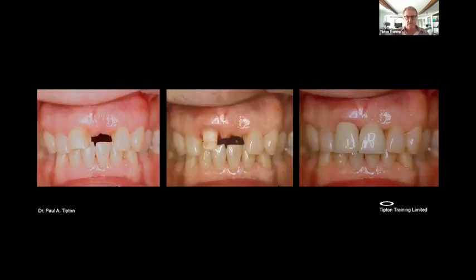Another example: a central incisor being replaced by prepping the other central incisor. This central incisor was worn down, aesthetically poor, labially placed, with a lot of wear on the labial surface, and the patient was very keen to have that crowned in any case. Therefore, rather than crowning and putting an implant in, a single cantilever did the job much more aesthetically and without any of that trauma.